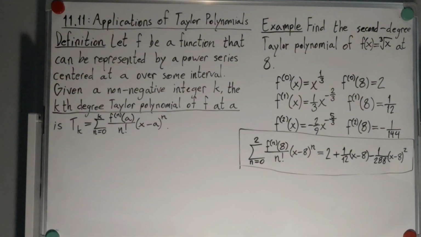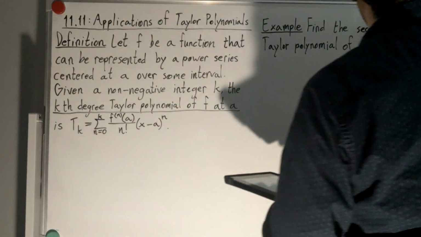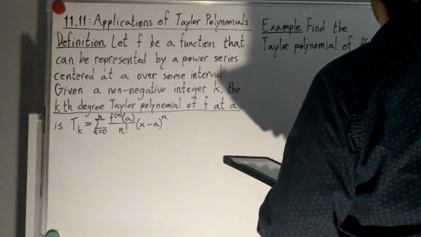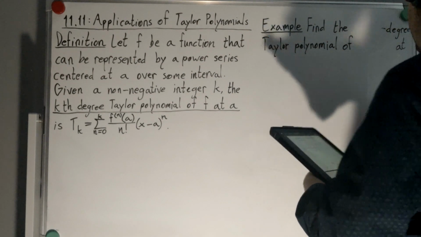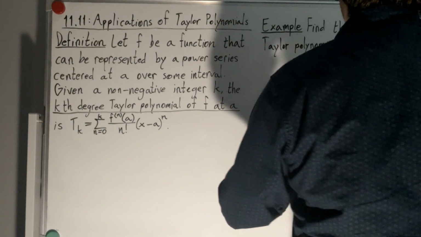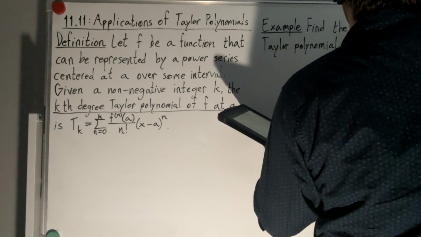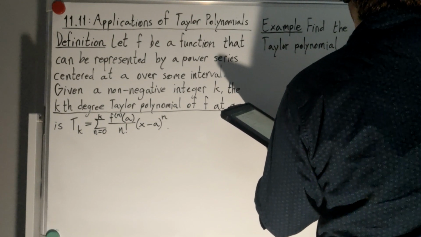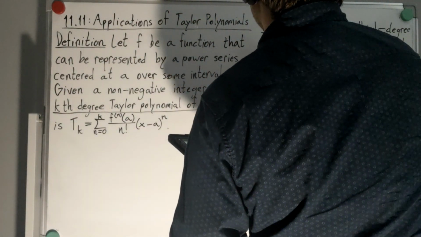And let's do one more. So now we want to find the third degree Taylor polynomial of f of x equals e to the negative x sine x at 0.